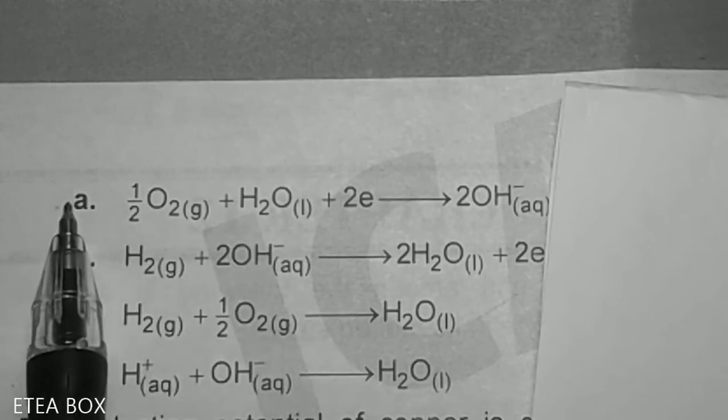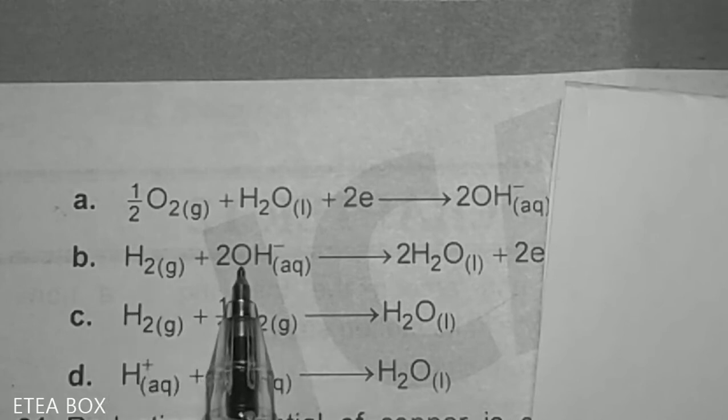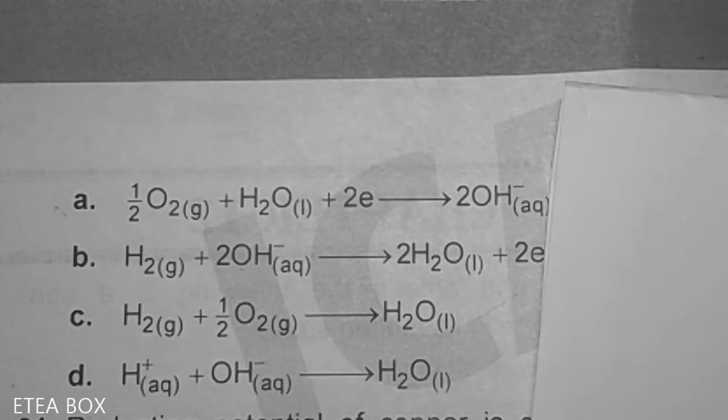No, this one is incorrect. Look at the B. Hydrogen is reactant and hydroxyl ion is reactant. This one is also incorrect. Look at the C option. Hydrogen is reactant, oxygen is reactant and water is the product. Here C is the correct option, because in fuel cell we only use hydrogen, oxygen and water is product. So here option C is correct.